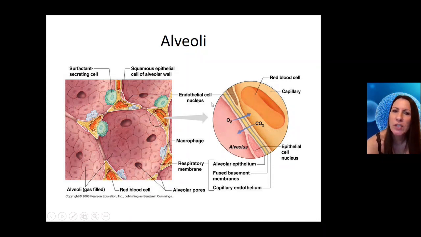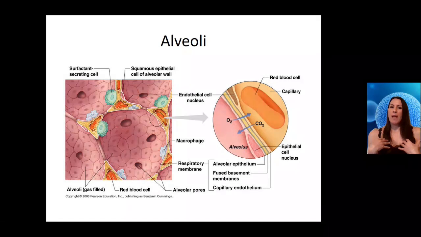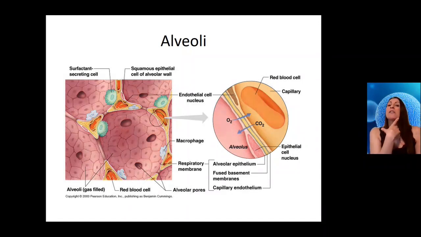Here over to the right, the pink area is the alveolus, one alveolus. It has a high concentration of oxygen inside, because if we breathe in oxygen from the atmosphere, it travels down our nasal passages, down our pharynx, our larynx, down the trachea, down the bronchi, into the bronchioles, and right down into the alveoli.